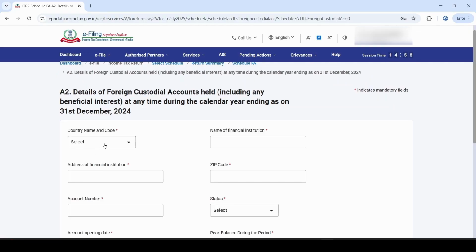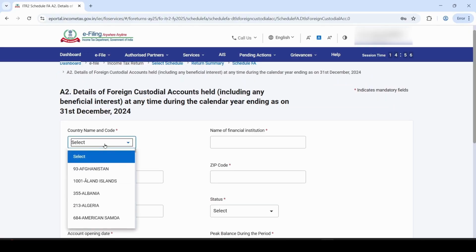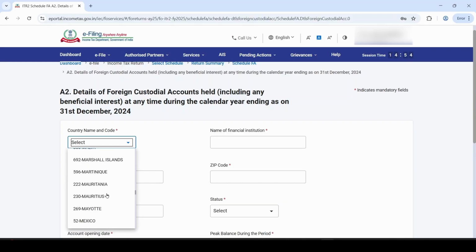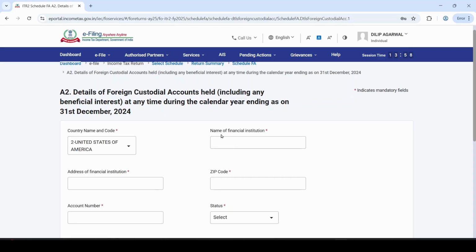Provide country name in which you have broker account. In my case, it is USA. Name of financial institution means broker name. In my case, it is Morgan Stanley. Now we need to provide address of broker.